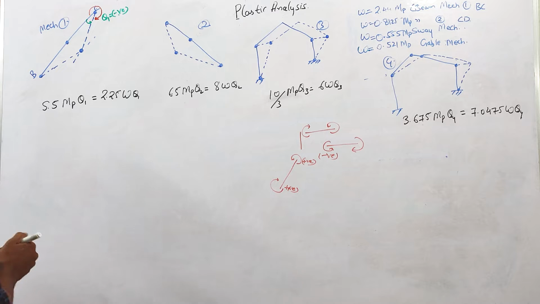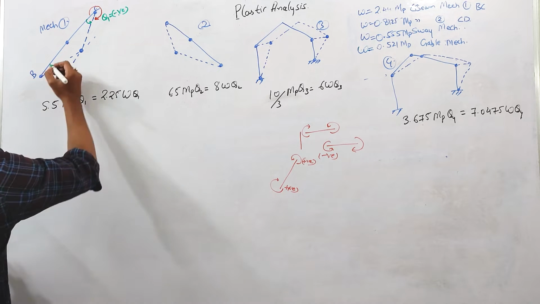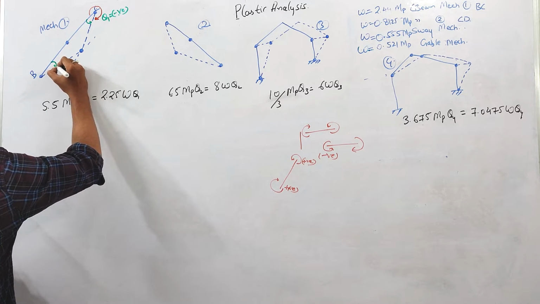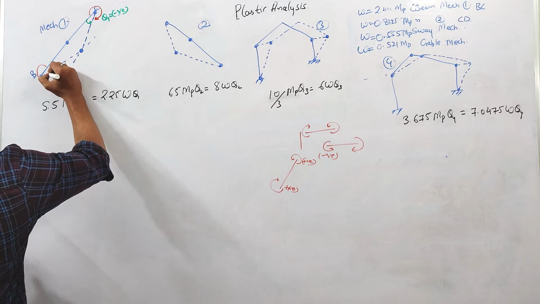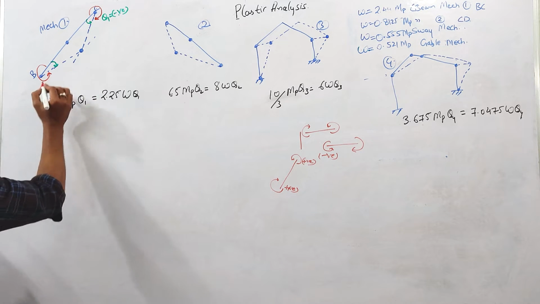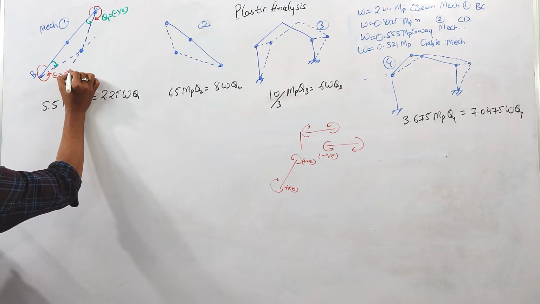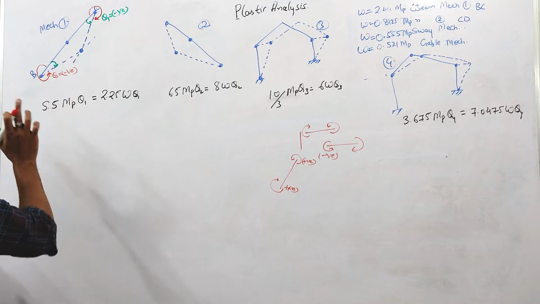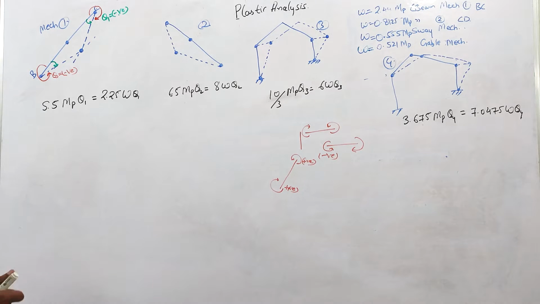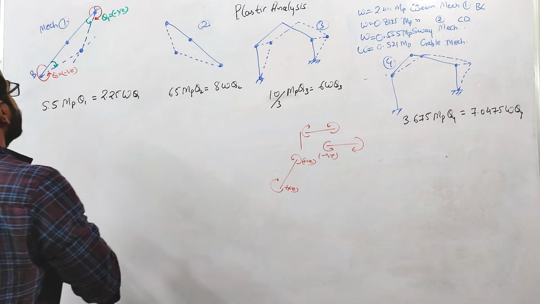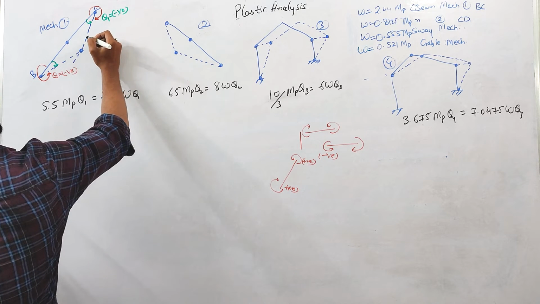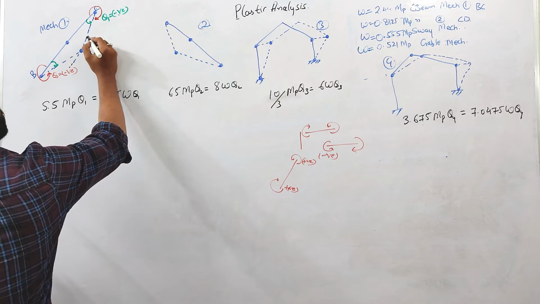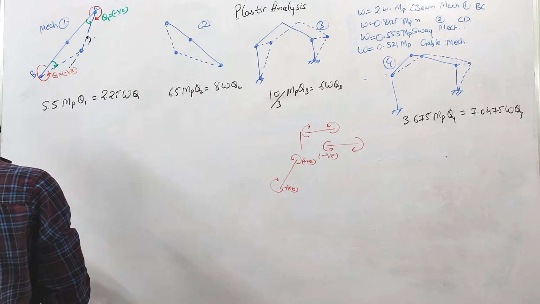Now coming to this hinge, here you can see again there is a rotation in clockwise direction. Okay, so the plastic moment will act opposite to this direction, and that will be anti-clockwise. So again theta here will be negative because this moment is inducing compression inside. Okay, and what about these points? Here the rotation is in which direction? Anti-clockwise, right? So to balance this, there will be some clockwise movement.